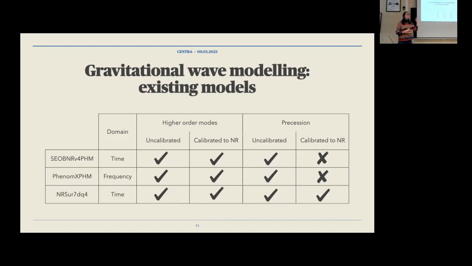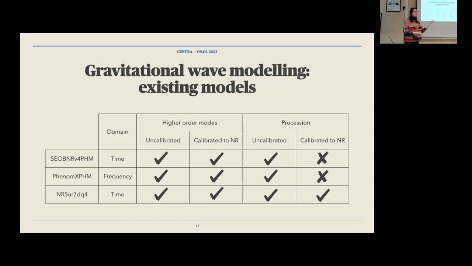These models also all include information about precession in the system, but unfortunately, only the NR surrogate model has used numerical data in order to inform those effects. And so for the other models, particularly looking at merger and ringdown, you do not necessarily want to trust the information you're getting about the precession effects. This is partly because these are higher order effects.